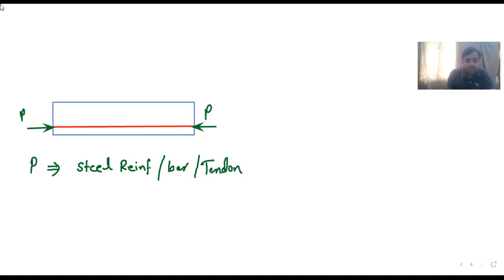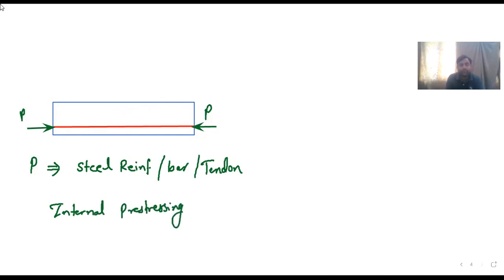Once this tendon is stressed using the prestressing force, internal stresses are induced in this bar, and those stresses are transferred to the concrete. In this way the prestressing is done. This is called internal prestressing.